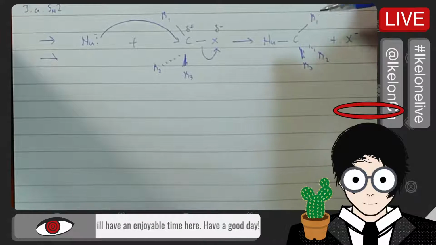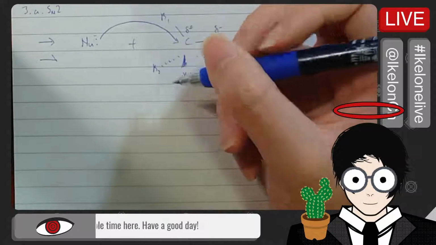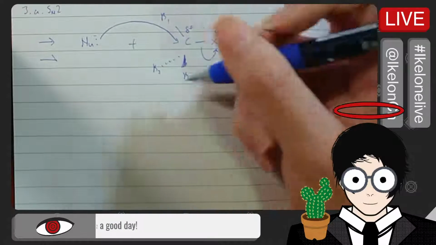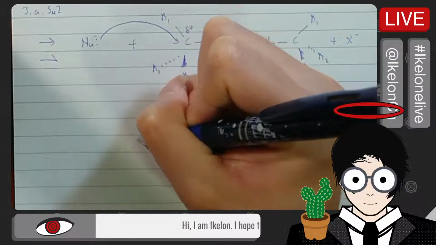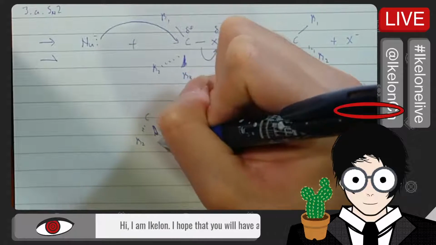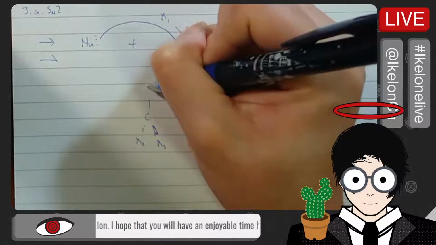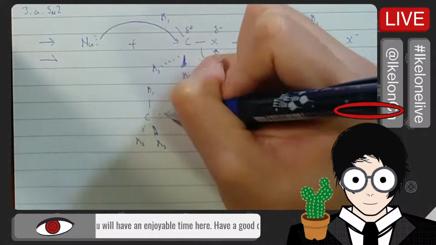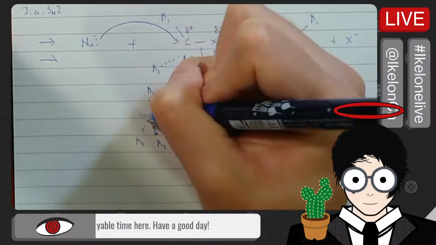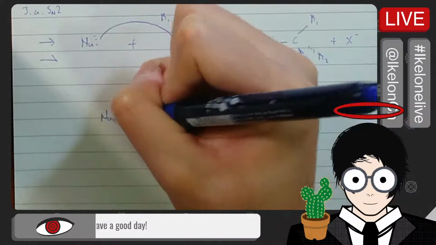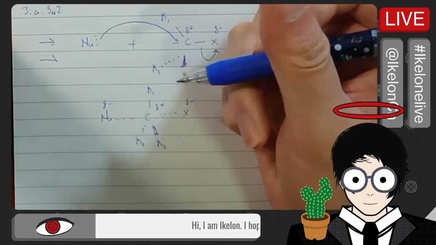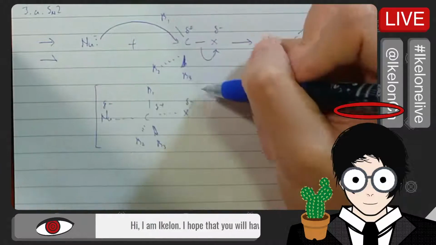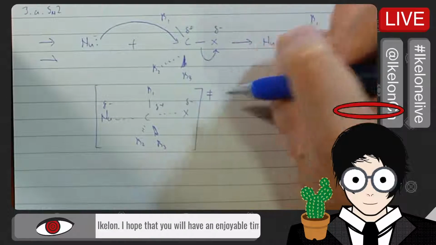Oh yeah, I should probably show you the transition state. Transition state is not really necessary, but I'll just show you. R2, R3, R1, X, nucleophile, delta minus, delta plus, brackets, and then the symbol.